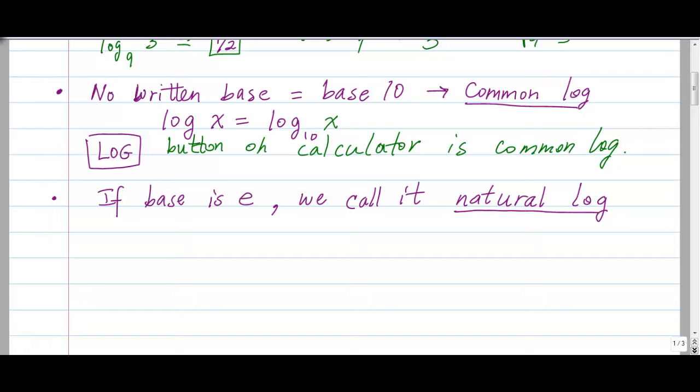So log base e of x is actually, you might have seen it as ln x. Okay, and that stands for logarithm naturale, in Latin or whatever language they invented this in. Okay, ln, and that's the ln button on the calculator. It's log base e, natural log.